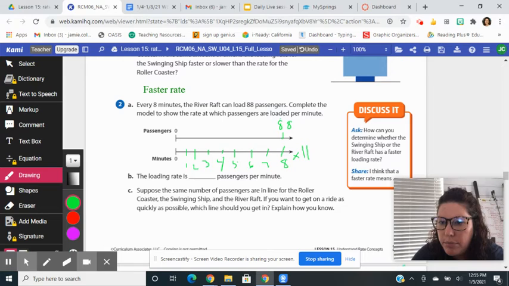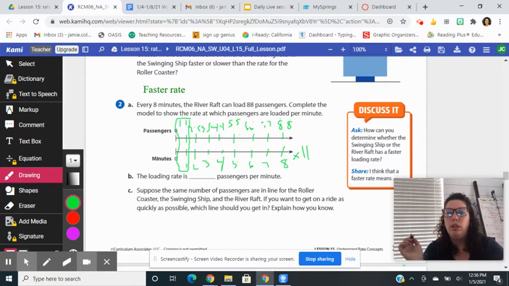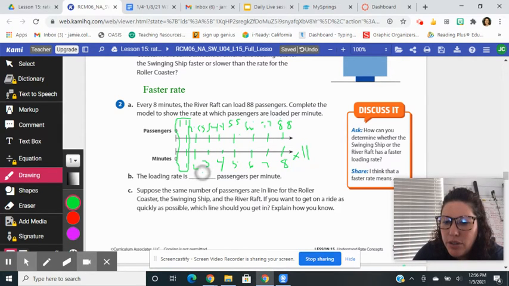So 7 times 11 is 77. 6 times 11 is 66. 5 times 11 is 55. 4 times 11 is 44. 33, 22, and 11. So our rate is right here. For every 1 minute, 11 passengers are loaded. So the loading rate is 11 passengers per minute.